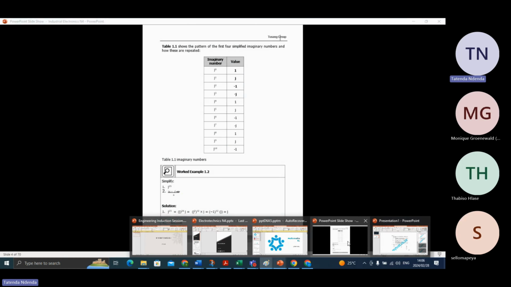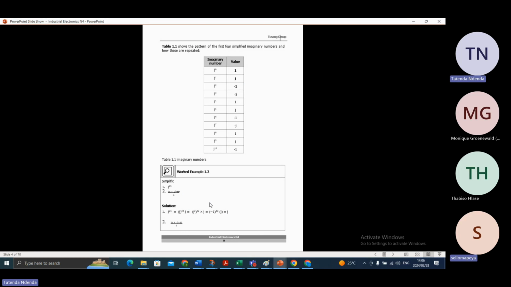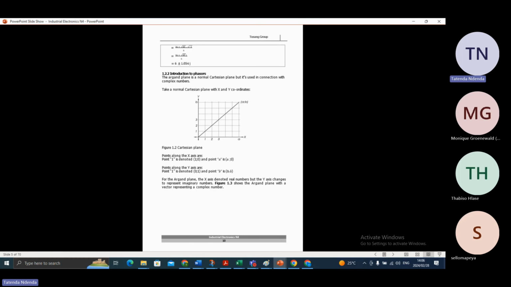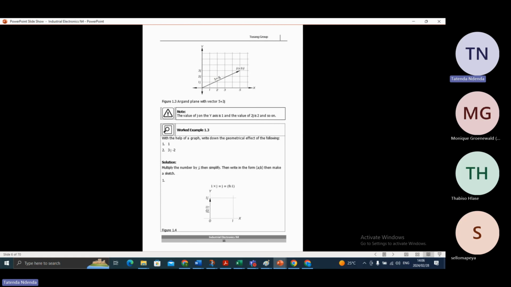Okay, so we can continue, right? Now we want to do the one that we call the Argand diagram. Basically, this diagram shows you the Cartesian planes, what they call the imaginary and the real plane.